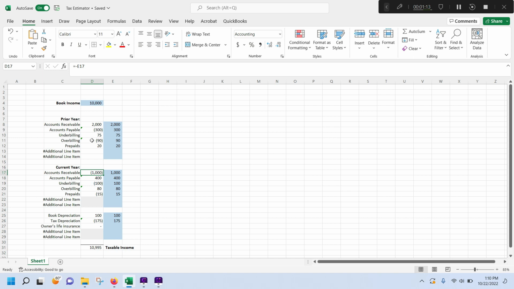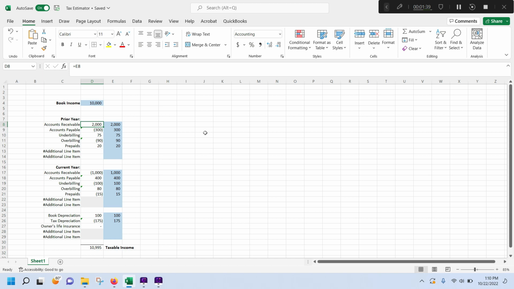in the current year. So again, you look at the prior year, the exact opposite is going on. You're increasing revenue for accounts receivable from the prior year because you likely received that cash in the current year. You didn't receive it last year, it was a receivable, but now it came due and your customer paid for it.